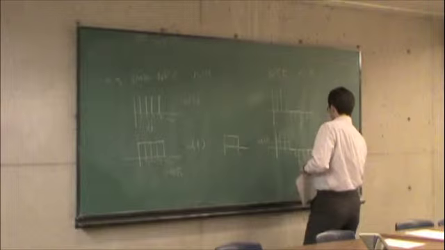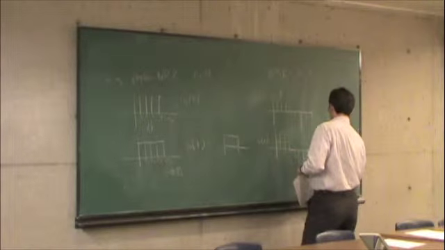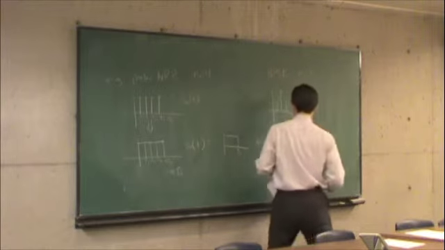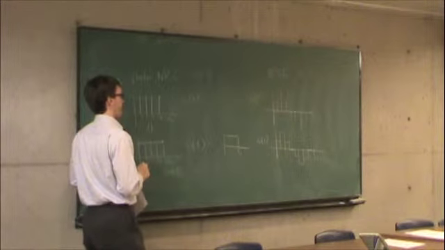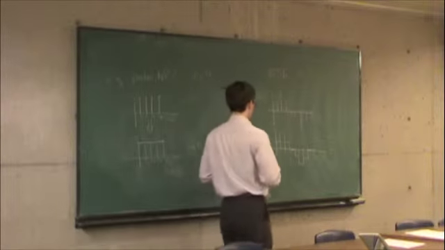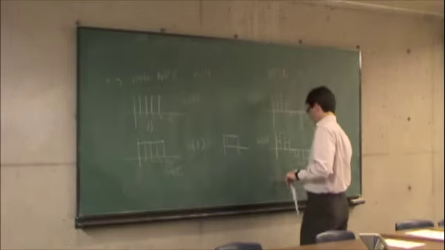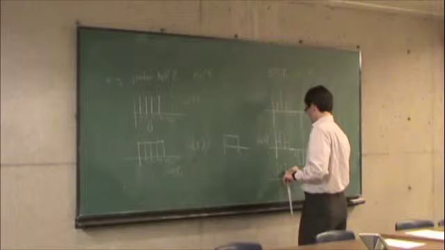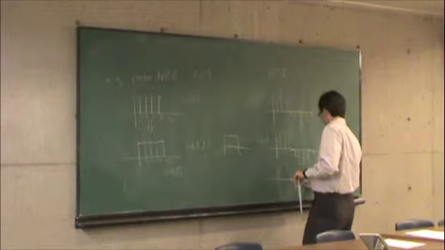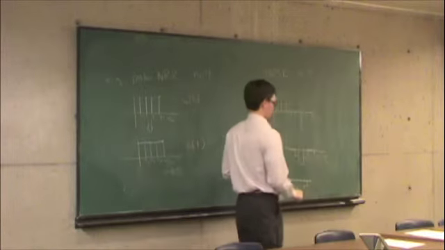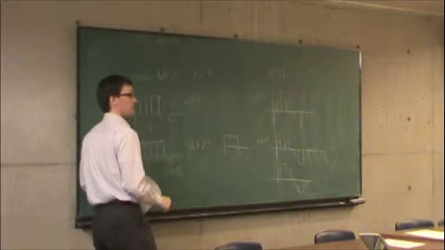That is 8 times Ts, which is equal to TB. So in fact, S0 would look kind of like this, which is sort of a squared off version of a sine wave.